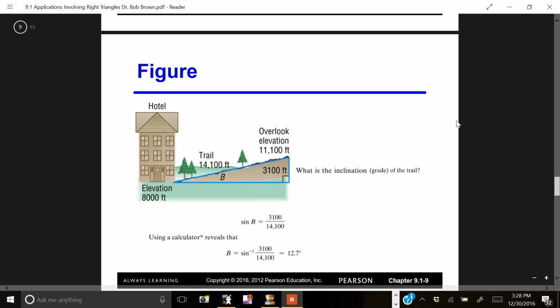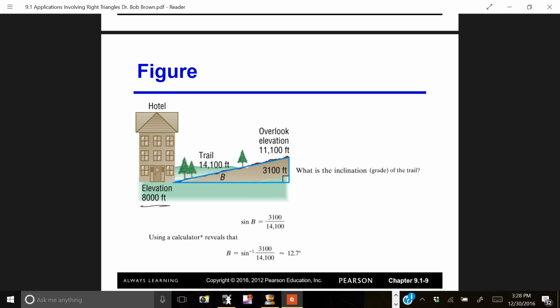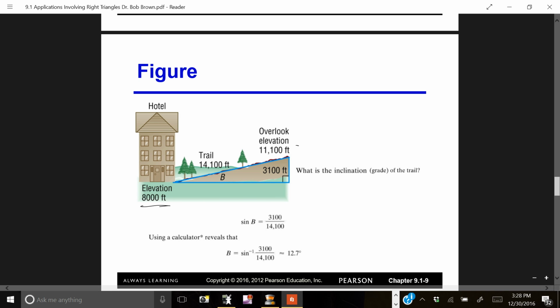We've got a long hill here that starts at an elevation of 8,000 feet and goes up to an elevation of 11,100 feet. So obviously the amount that you have gone up vertically is 3,100 feet.